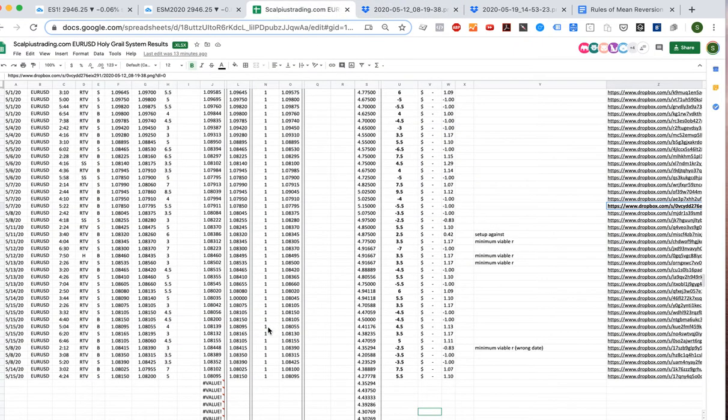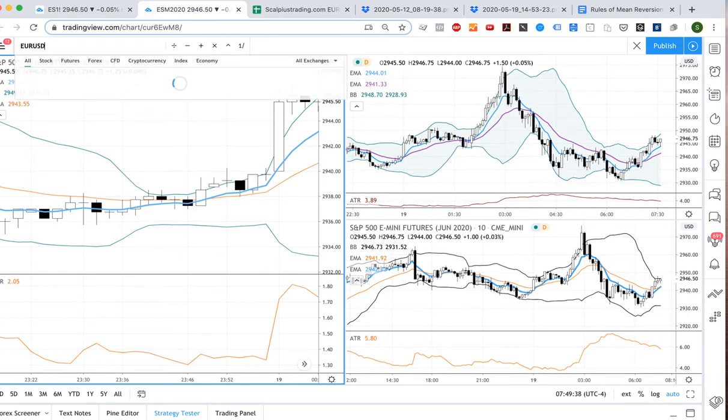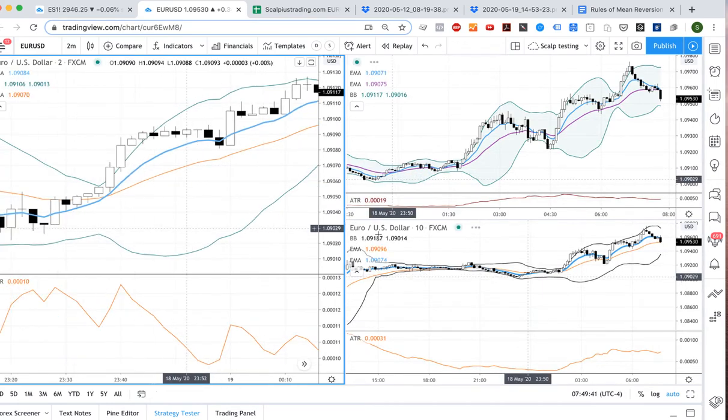All right, let us look at a couple more. Actually, let's look at some price action right now, and let's see what's happening in the Euro USD, and let's see if we can identify a couple.